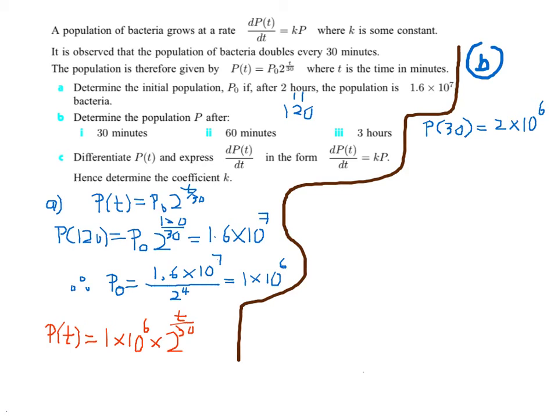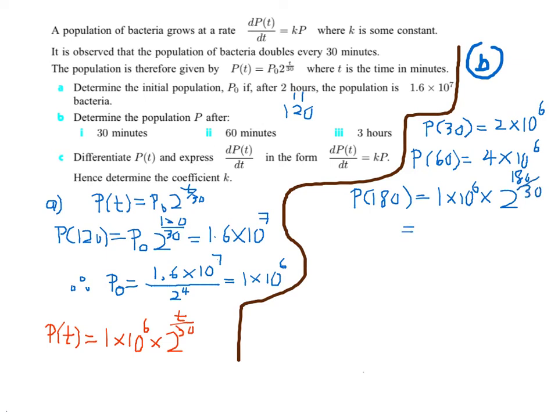Of course, 3 hours means 180 minutes, and the answer will be as follows. P(30) minutes will be equivalent to this. P when 60 minutes will be this, and 3 hours is really 180 minutes, and that would be equivalent to this: 1 times 10 to the power of 6, times 2 to the power of 180 divided by 30.